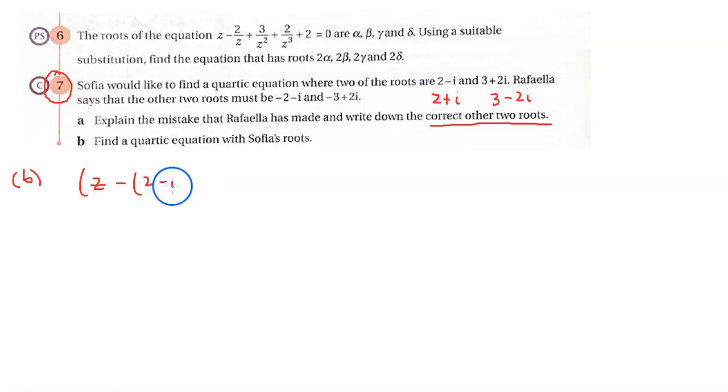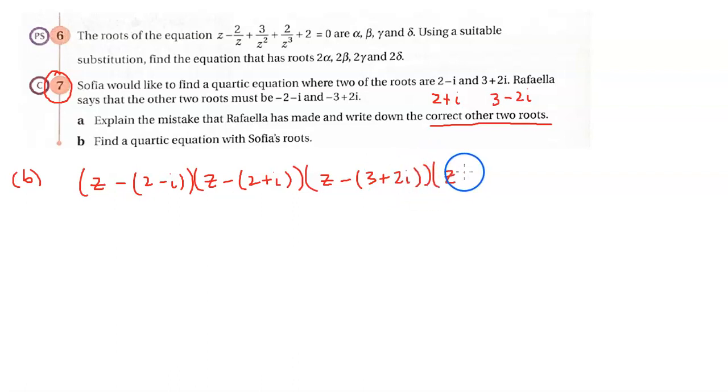So z minus 2 minus i times z minus 2 plus i times, and then the other two, z minus 3 plus 2i, and then z minus 3 minus 2i. And since the roots are complex conjugates of each other, the imaginary components are going to cancel out, and we're just going to be left with real coefficients when it gets expanded.